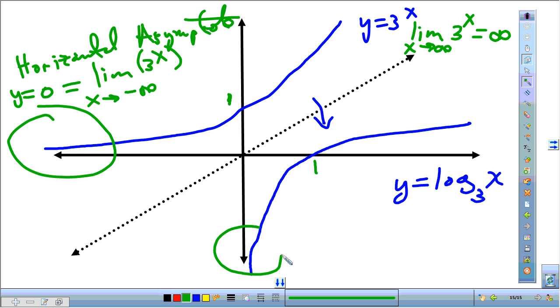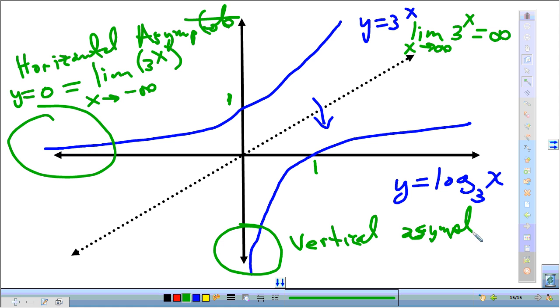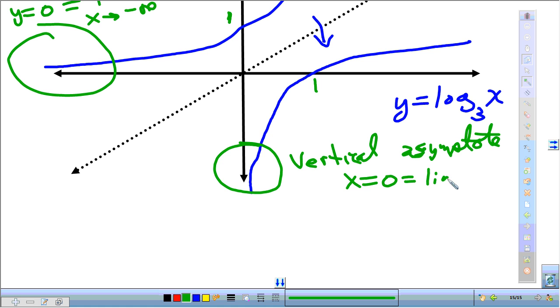And then the asymptotic behavior that was along the x-axis is now along a vertical. The line x equals 0 would come from a limit as x approaches 0, but in this case from the right side of that logarithm.